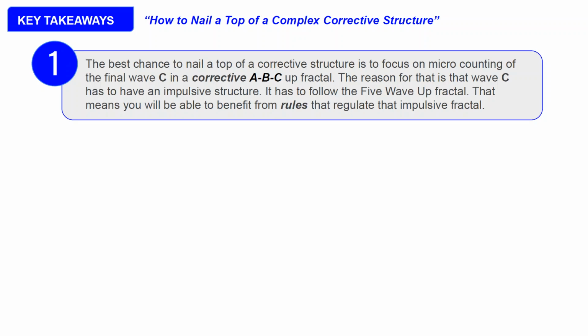Impulsive structure has 5 rules, and that type of structure should follow all the rules applicable to the 5-wave up fractal. We have discussed those rules in that particular video, and we discussed that until the very final push up in subwave C of 5 makes a higher high, we cannot call the structure complete.